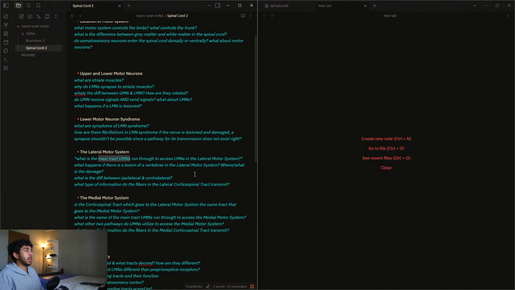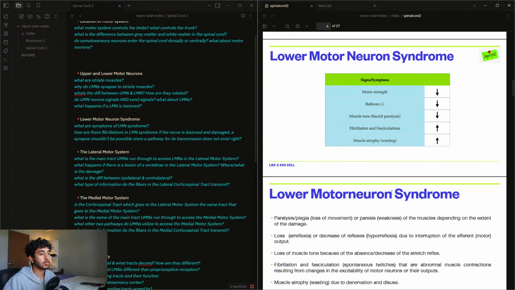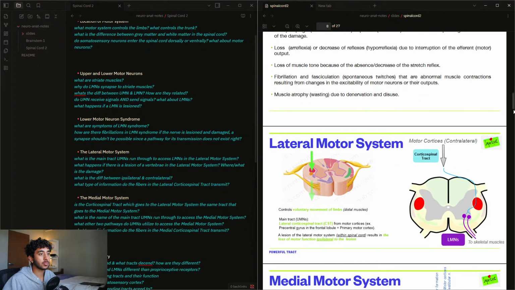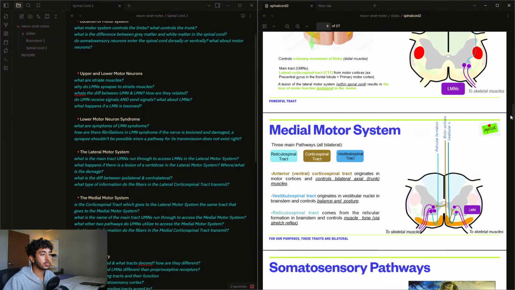The reticulospinal tract is involved in muscle tone.